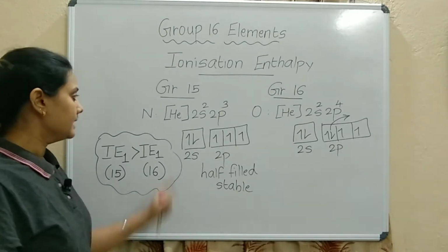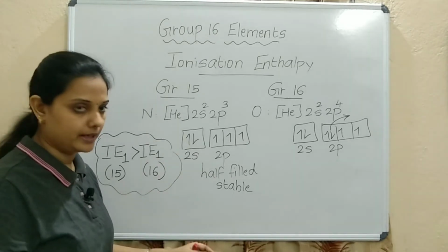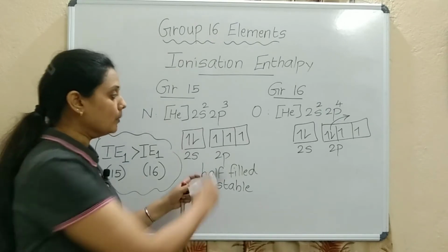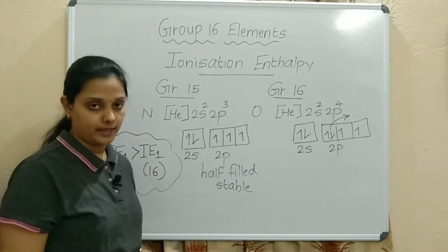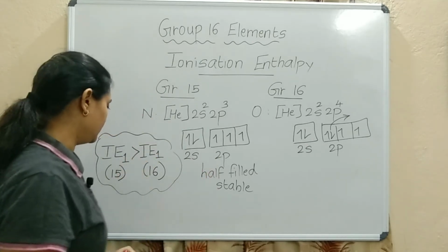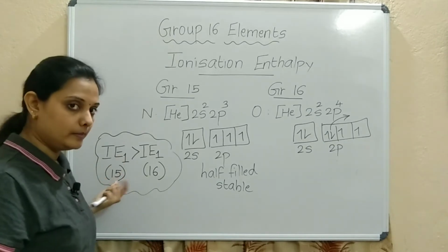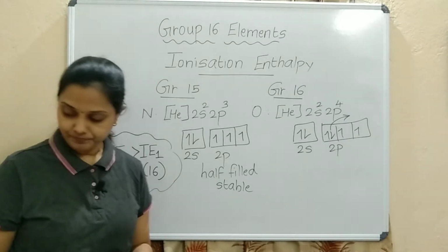Why? Because in group 15, that is in the case of nitrogen or any element you take, the p orbital is half filled, stable. So more energy is required to remove an electron from the p orbital in the case of nitrogen. So the ionization enthalpy will be more for the 15th group than the 16th group.